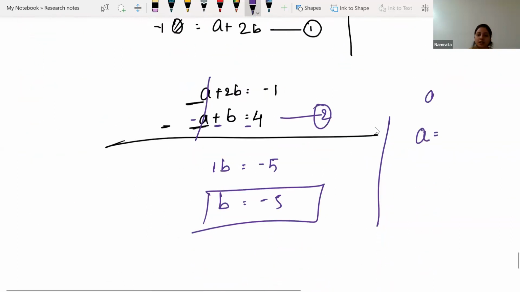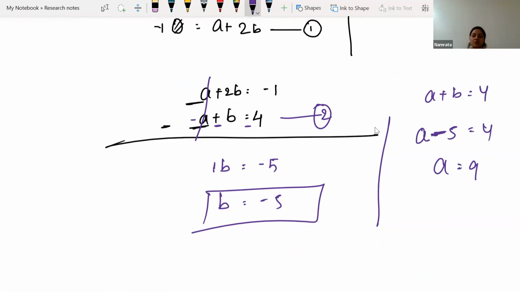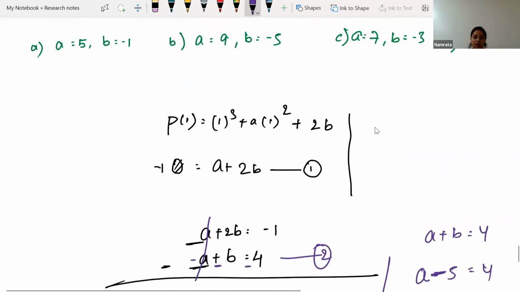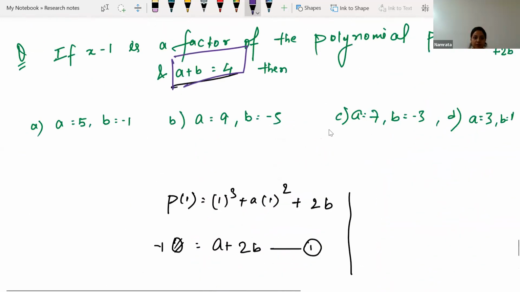If we take a plus b equals 4 and b is minus 5, then a minus 5 is equal to 4. So a is 9. Let's see the options. This is a multiple choice question: 9 and minus 5. Option B, right? Yes.